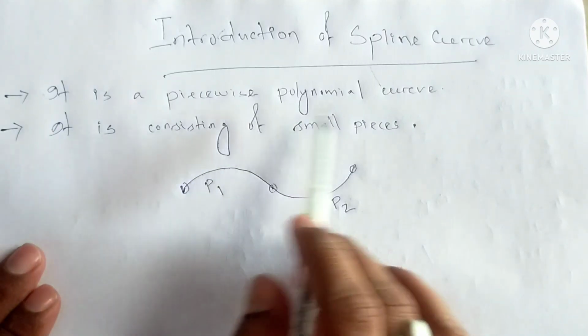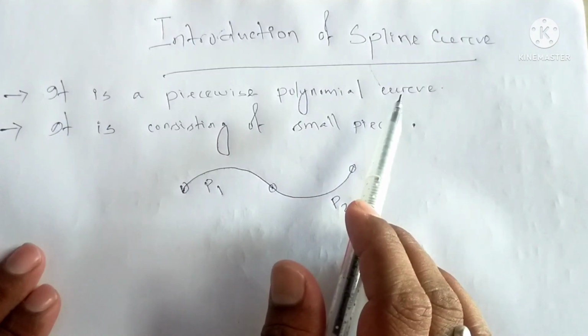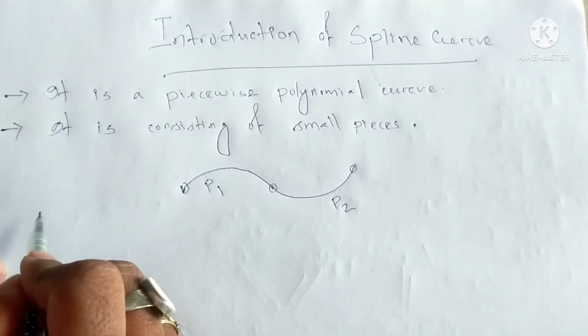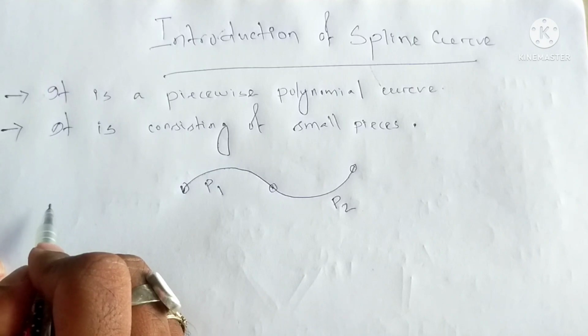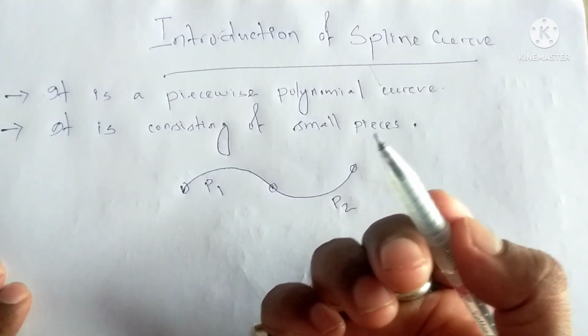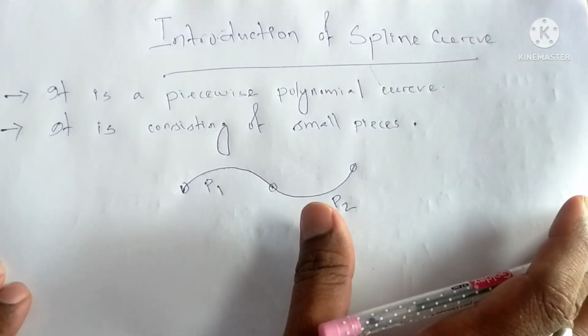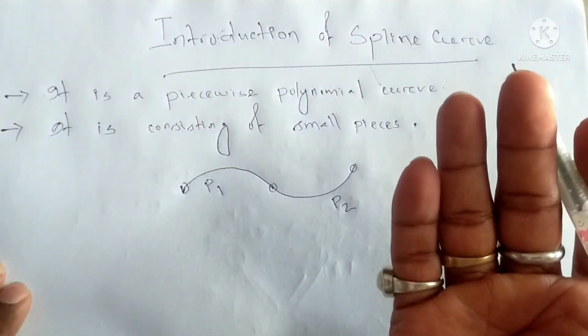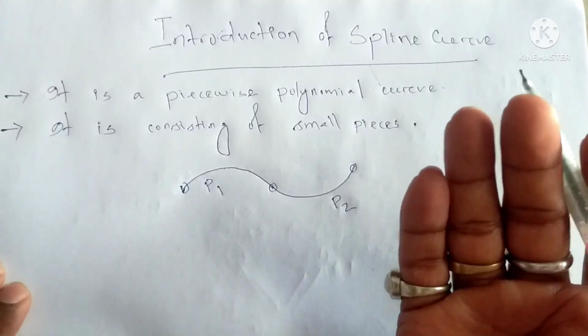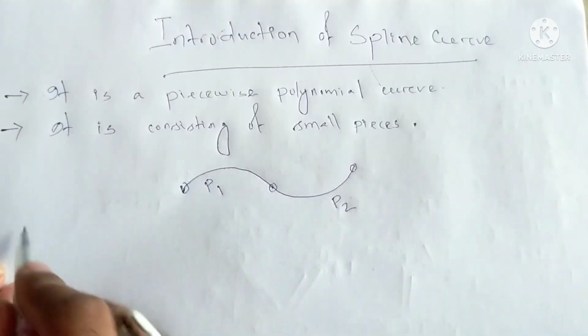Then what is the application of the spline curve? A spline curve is used in your automobile bodies model creation, and it's also used in the creation of animation path.